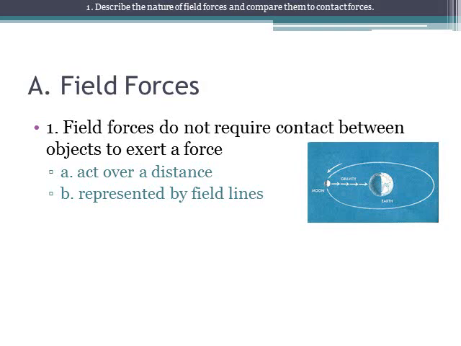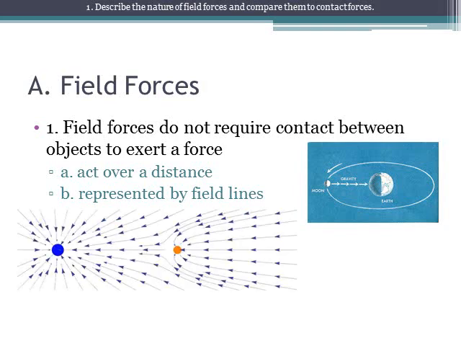Well, one way that scientists go about visualizing field forces is that they'll be represented by field force lines, or just field lines. So for example, if we have two objects here, where say the blue dot might be the Earth, and notice it's a little larger, and the yellow dot here, or orange, whatever color you want to call that, that's the moon.